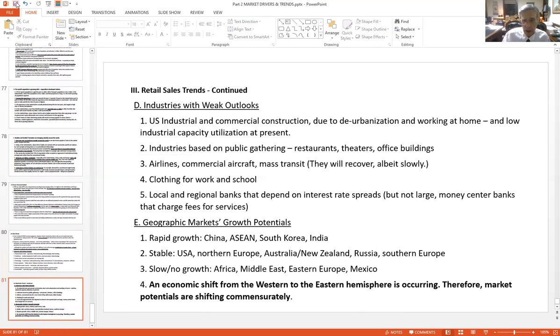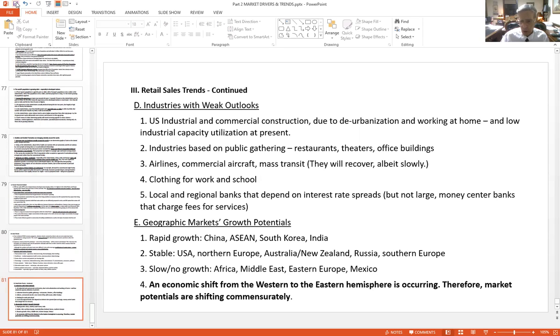Here we have a few areas where the outlook isn't as favorable. Industrial and commercial construction, that is building of offices and factories, probably not looking as good as in the past because we're, among other things, moving out of cities.